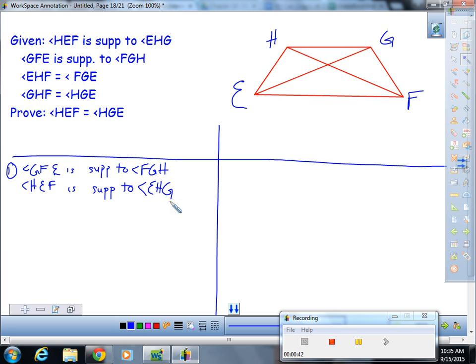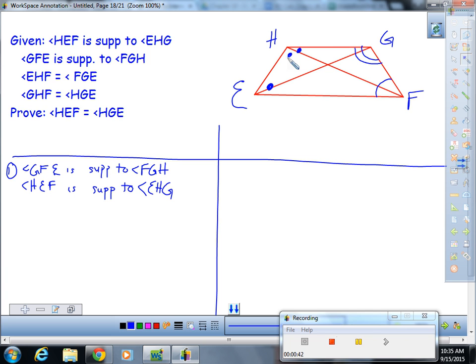Let me just mark those real quick. GFE, this one is supplementary to FGH, to this one. Okay, and then I'll use like this notation.